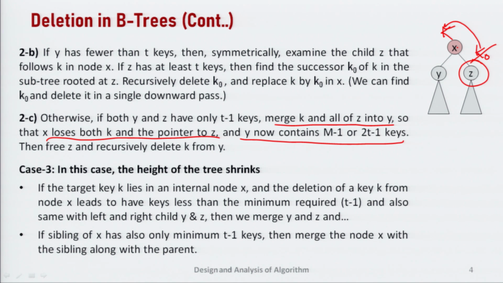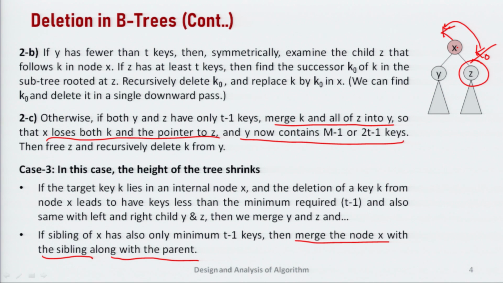In that case, we merge both the nodes y and z. And finally, if the sibling also has only the minimum number of keys, then we merge the node x with the sibling along with the parent.